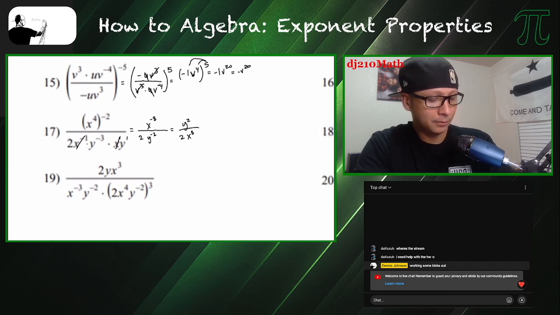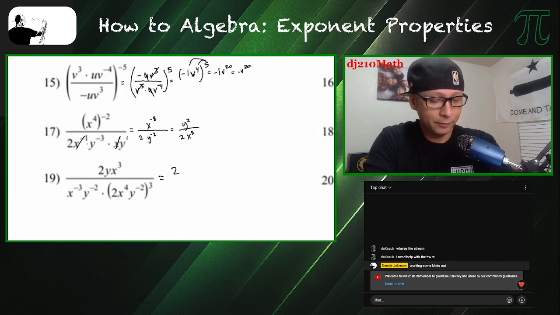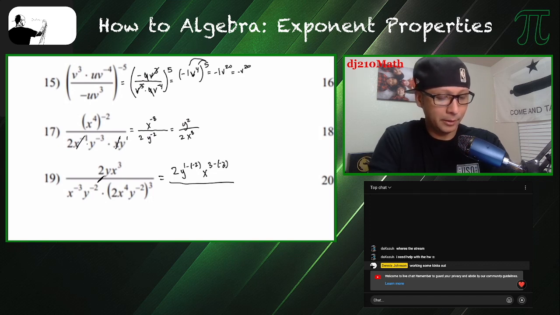So first thing I want to do, well, let's see if we can simplify the top part. So this is going to be 2 y to the 1 minus negative 2, right? y to the 1 minus negative 2. I'm combining these two. And then x cubed minus negative 3. That's going to be in the numerator.